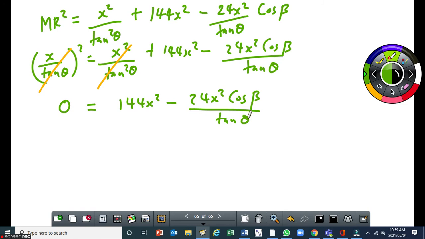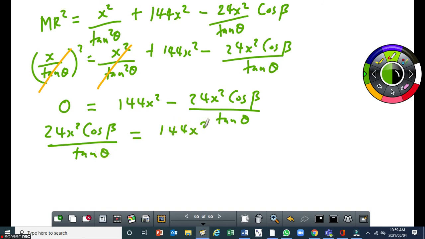Then, to simplify this, I'll take the minus 24x squared times cos beta over tan to the left, and I'll get 24x squared times cosine of beta over tan theta, that's equal to 144x squared.